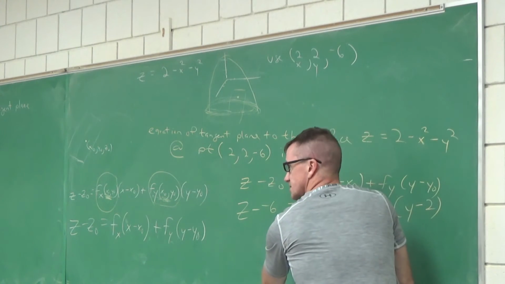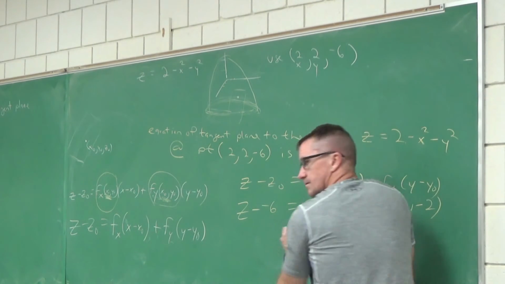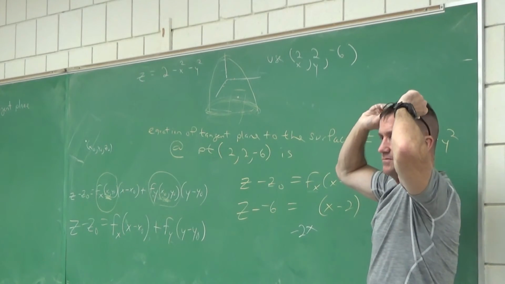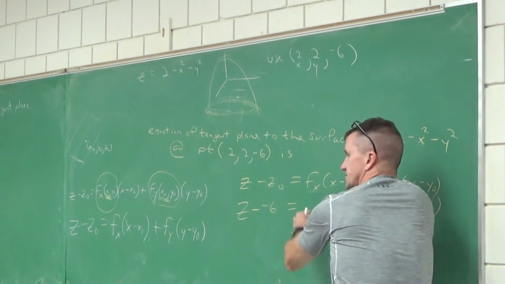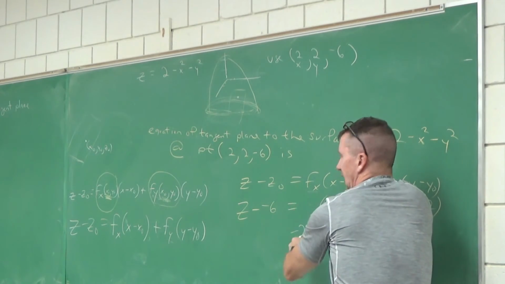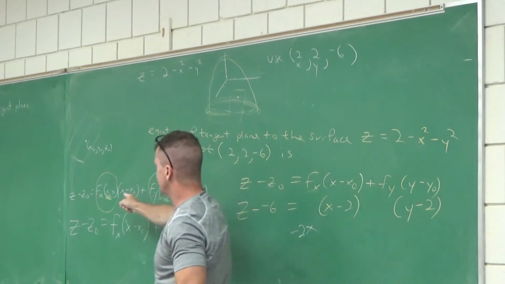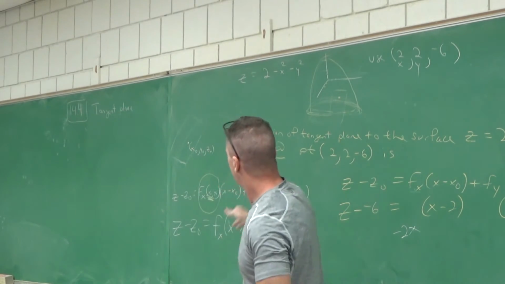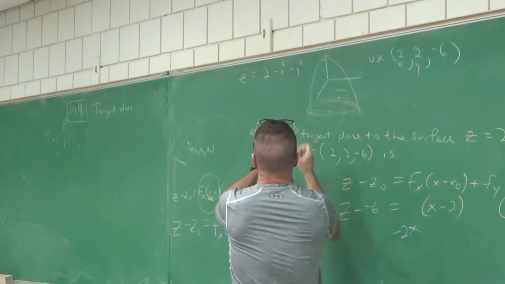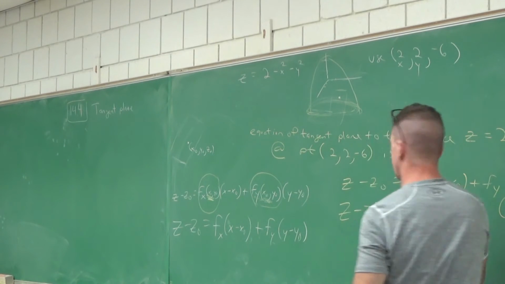You'll get negative 2x. So this is huge: do not leave the answer like that with a negative 2x. I know I'm writing it like this, but we really have to substitute the point. You're getting the slope at some point on that surface, and you do have to plug the point into the slope.